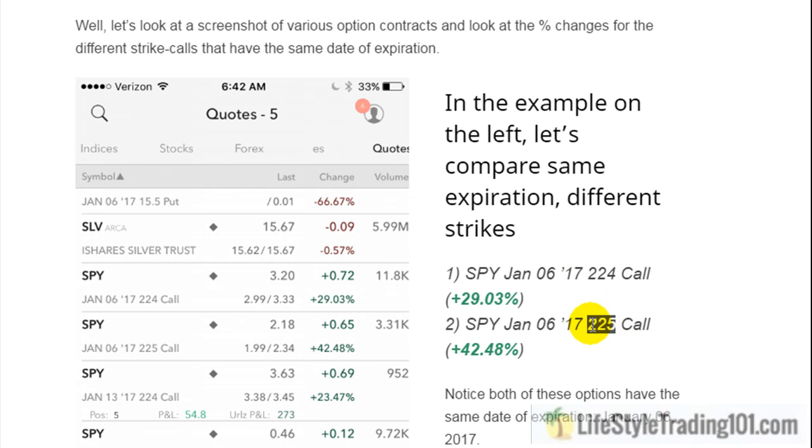But, between the two, the higher strike call, the 225 call, is more out of the money. And so the further out of the money in general, the bigger the percentage return on your capital. So even though the strike price is just one dollar different, that resulted in a 13% difference in return on your capital.